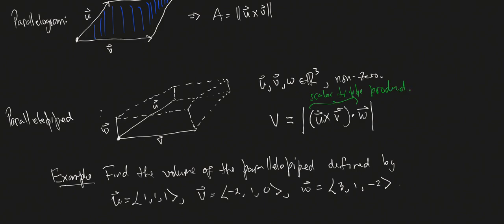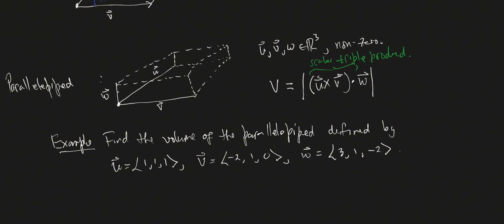Because you're multiplying three vectors, hence triple. But the end result, your answer, is going to be a scalar. Let me write this more clearly. So here's scalar triple product. Okay, so let's go through and do it.